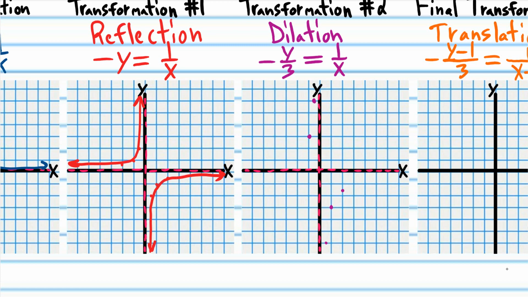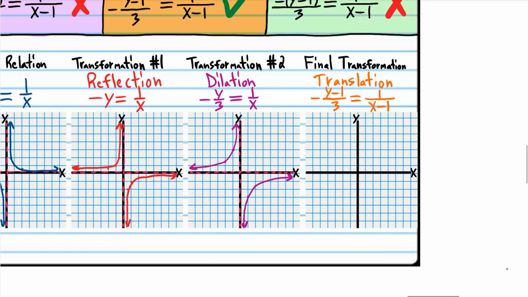It's going to have a new y value of 1.5. So again, multiplying all the y values by 3. So now we're going to connect the dots. So we dilated. That's a vertical stretch.